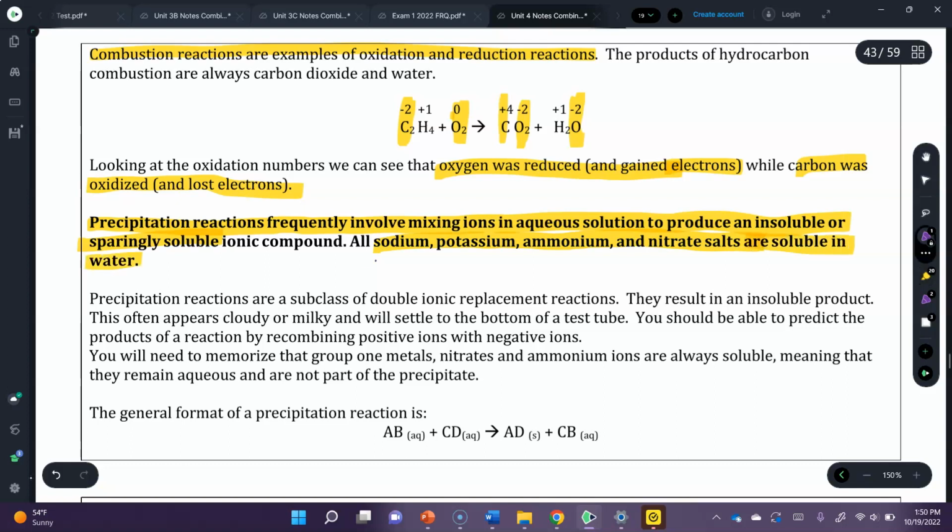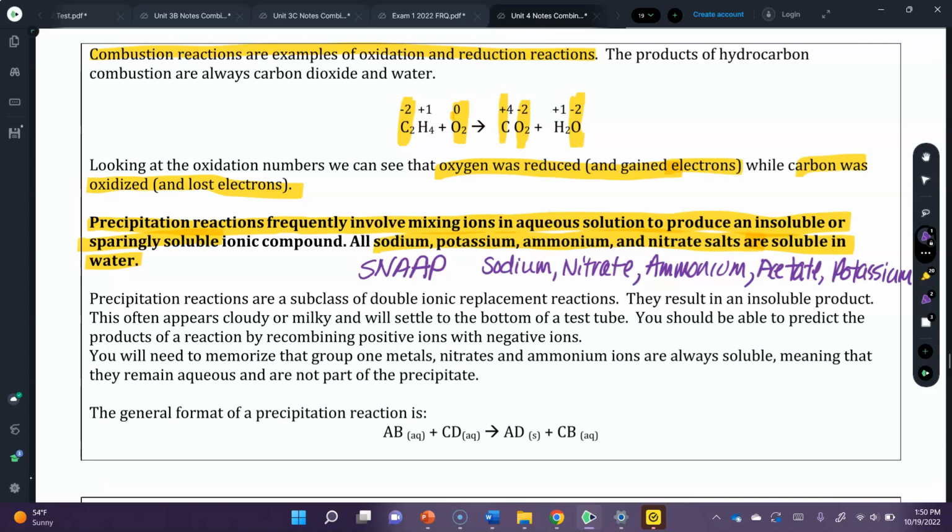We talked about the SNAP rule, where SNAP indicates sodium, nitrate, ammonium, acetate, which is not mentioned here, but it does apply, and potassium.